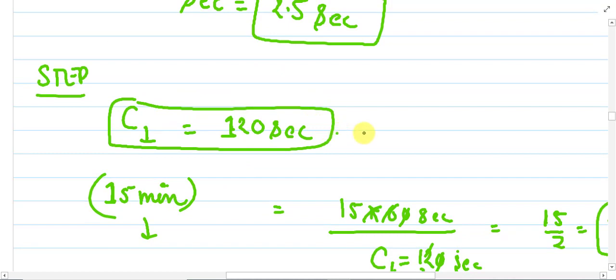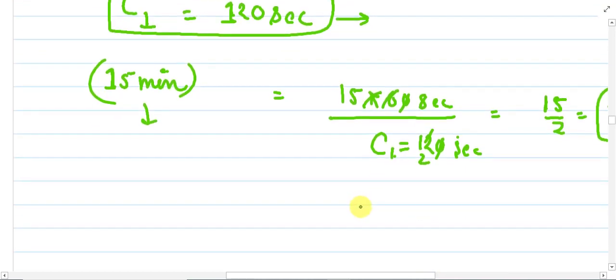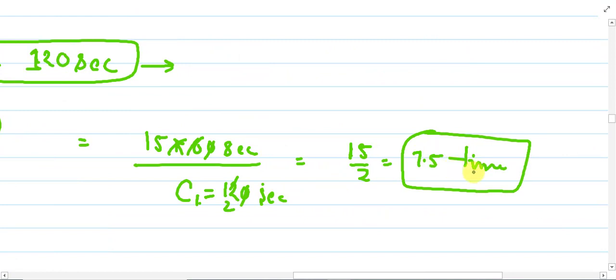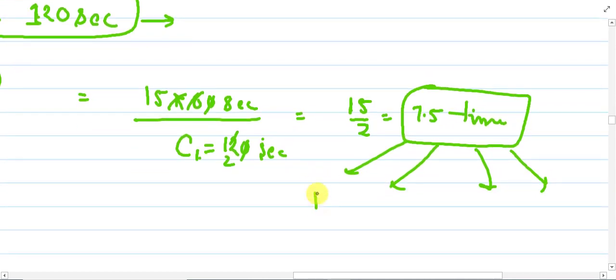7.5 is the total number that appears in this 15 minutes. Okay. So basically this is the use of the cycle length by which we will adopt our green time. Okay. So there are 75 times. Out of this, we have 4 different times. The first one is related to red, then red amber, then green time, and the last one is amber.